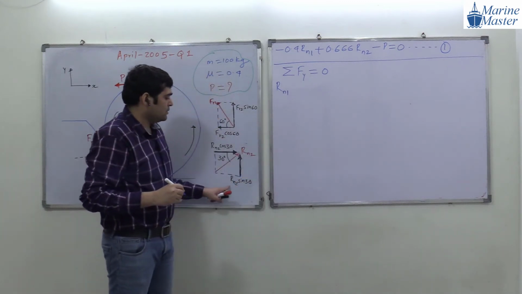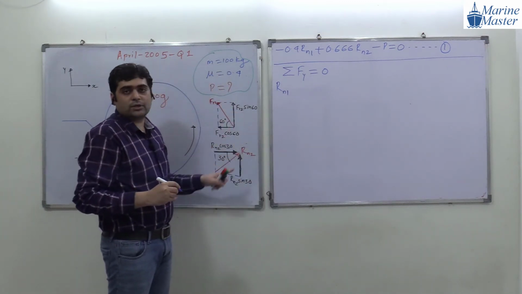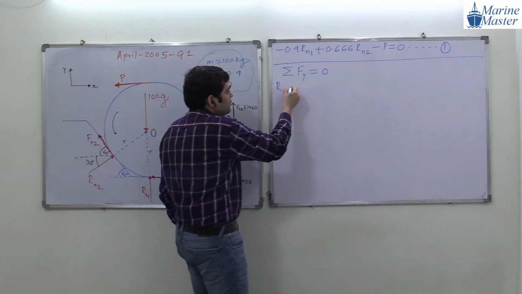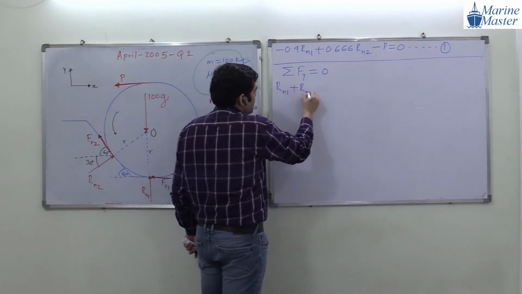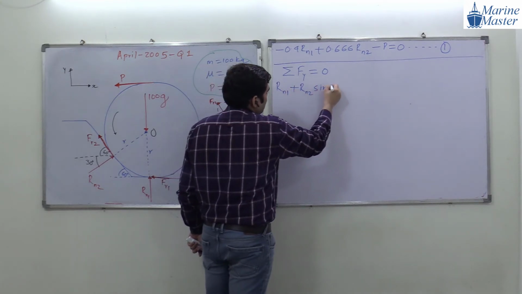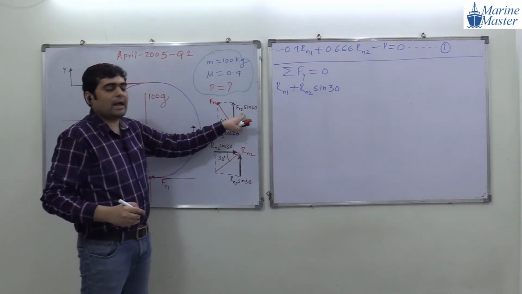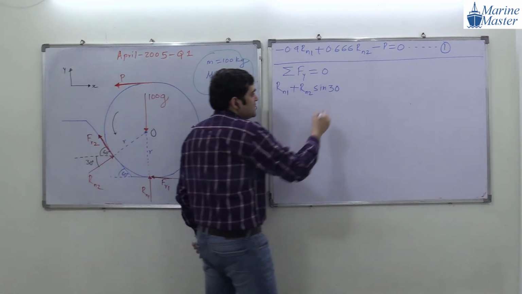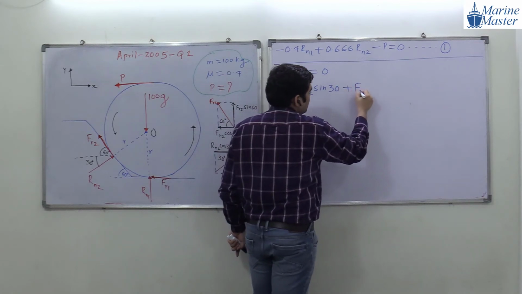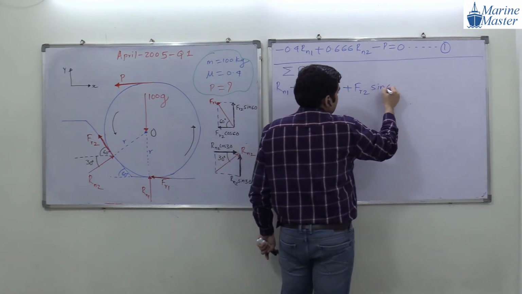Then Rn2 sin 30, upward means positive. Then we have FR2 sin 60, so plus FR2 sin 60.